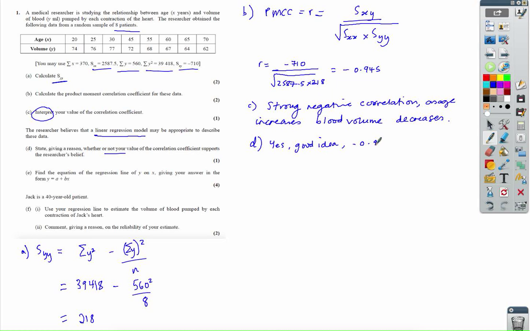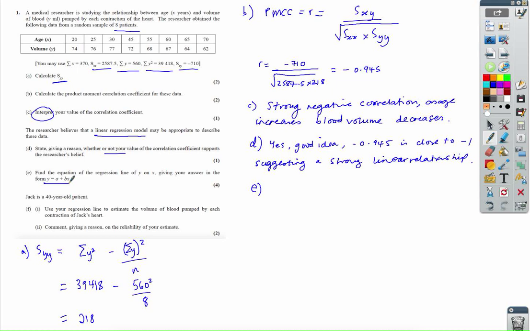Minus 0.95 is close to minus 1, suggesting a strong linear relationship. Okay, that's what PMCC checks. Remember, it checks to see if it's a linear relationship, and either positive or negative depending on the coefficient. So yep, it's a good idea.